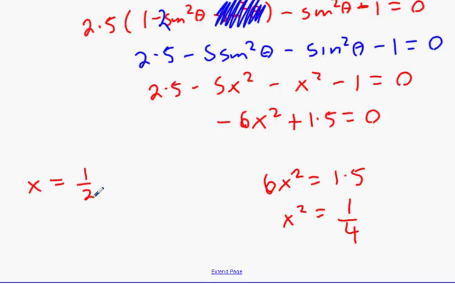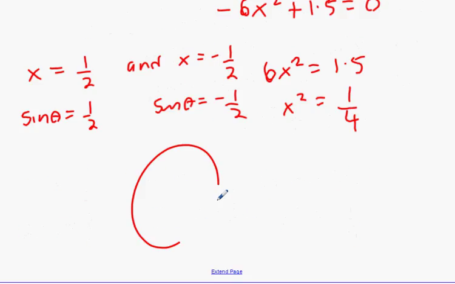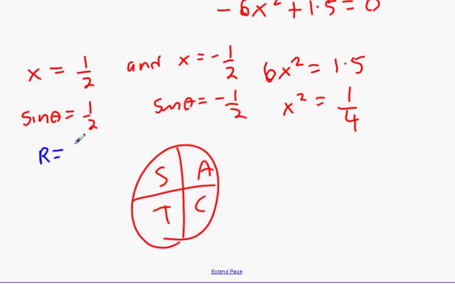And don't forget the plus or minus. And what did we say x is again? Sine theta, not sine squared theta. Now, what two numbers do you want here? Top 2 and the bottom 2. Reference number is 30 degrees.